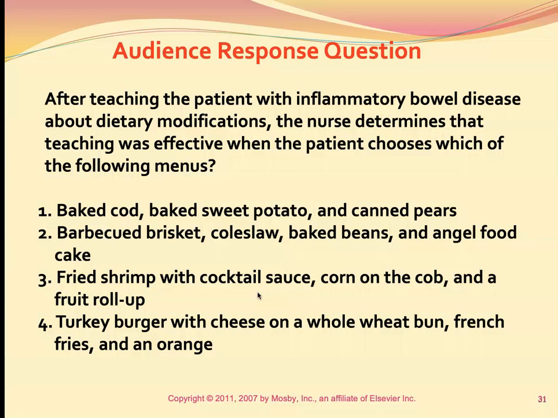Or barbecued brisket, coleslaw, baked beans, and angel food cake? Or fried shrimp with cocktail sauce, corn on the cob, and a fruit roll-up? Or turkey with cheese on a whole wheat bun, French fries, and an orange?